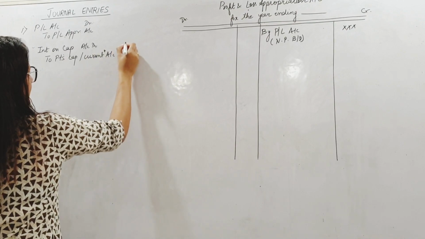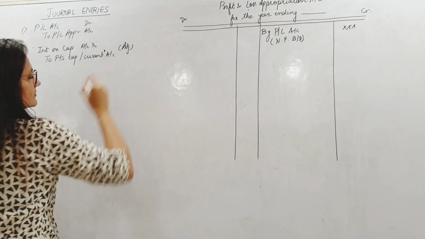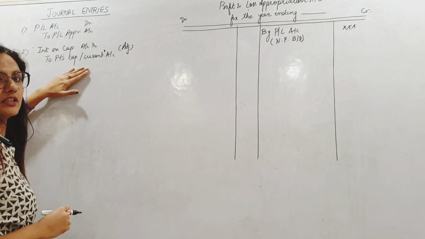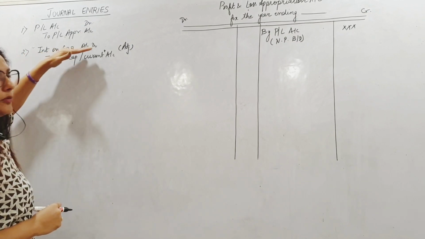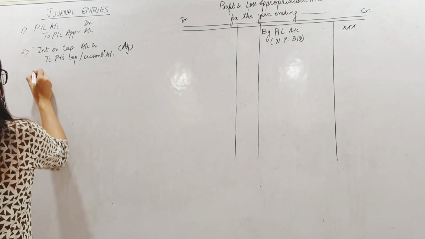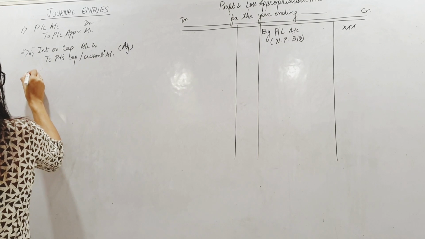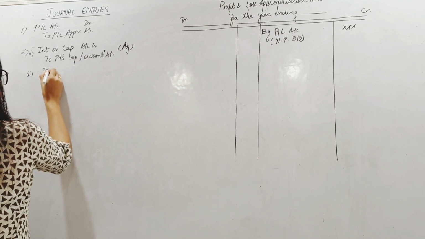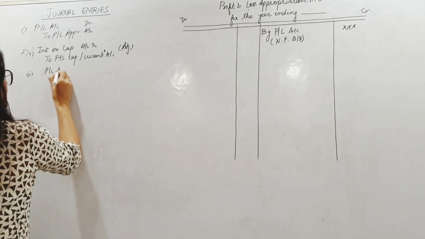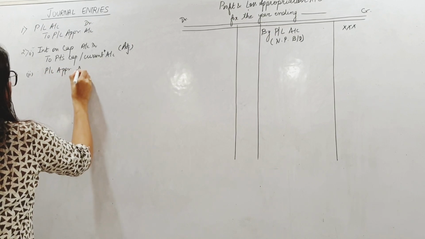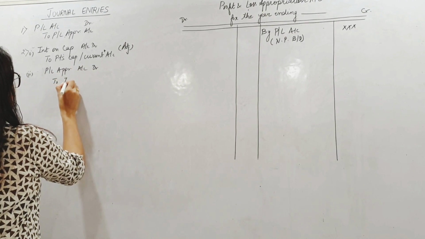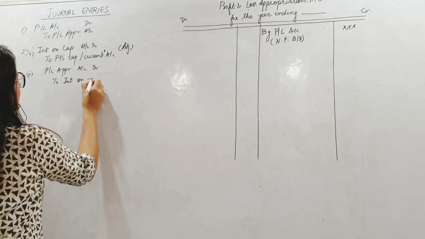This is the adjusting entry. And this is the first time this interest on capital is coming into picture at the end of the year. Since this is a nominal account, we will transfer and close it. Now the closing entry is profit and loss appropriation account debit to interest on capital account.